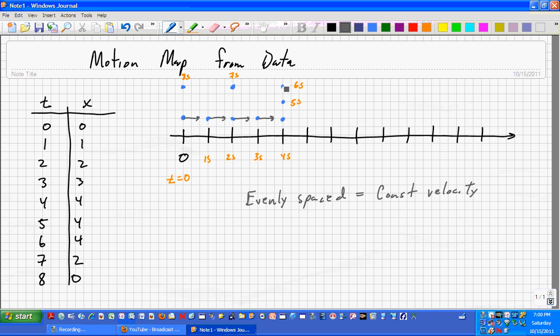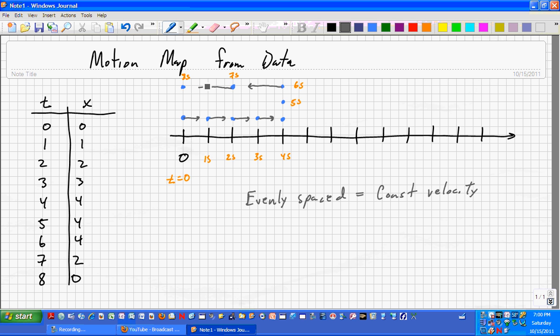Same thing here. To go from here to here, it's in the same position. No velocity vector here. To go from here to here, it definitely had to be moving. And it's moving faster than it was on the way out because that spacing is greater. So what we'll do is we'll give it a greater velocity vector, a longer arrow, and now it's headed back towards the origin. Same thing with this.